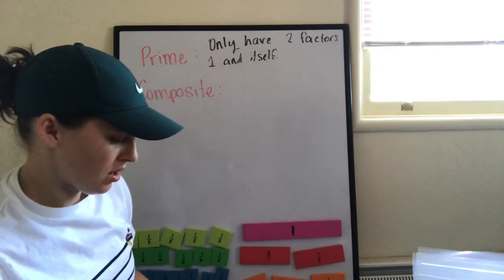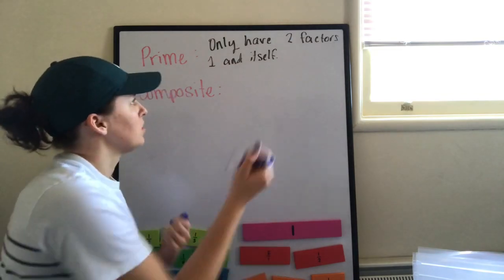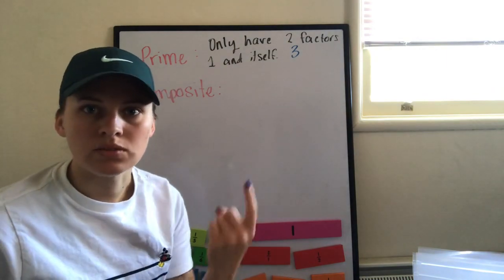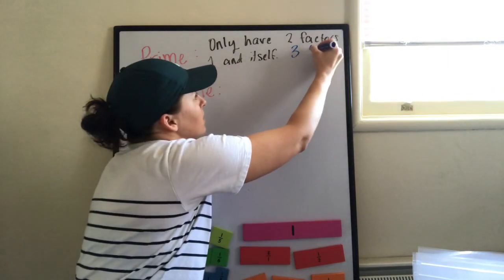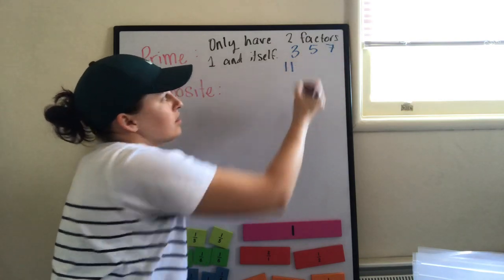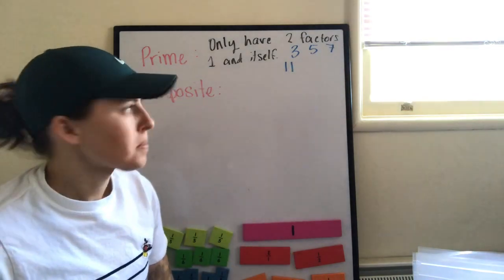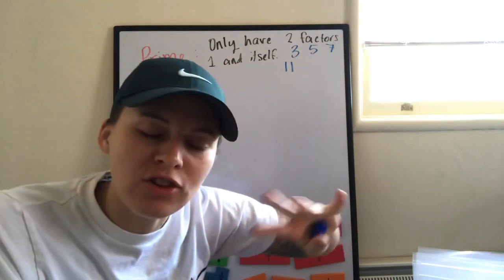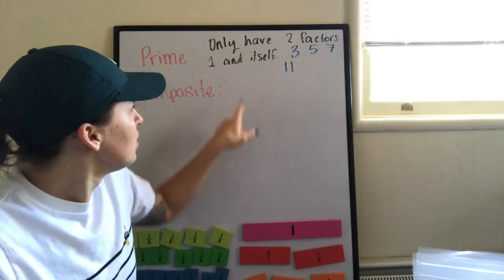So prime numbers would be 3. All I can do to get 3 is 1 times 3. 5, 7, 11. These are all prime numbers. I can't do 2 times anything. I already know Isaac is saying, what about fractions? Okay, whole numbers. 1 and itself.